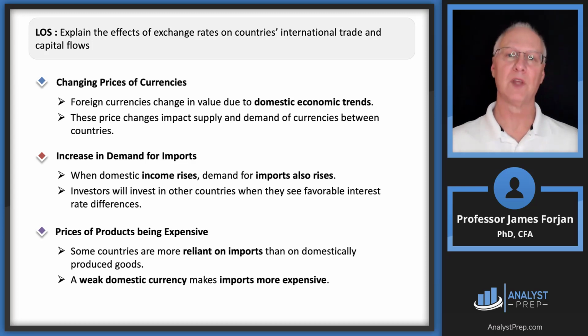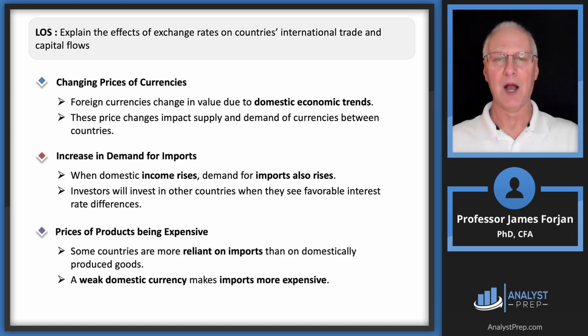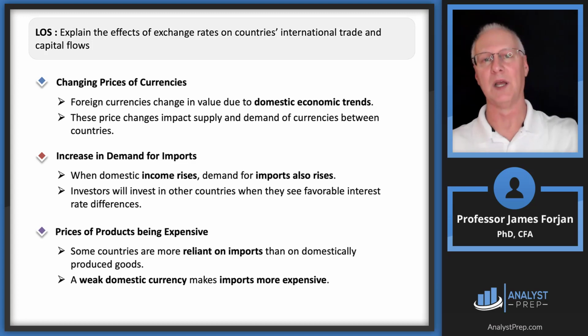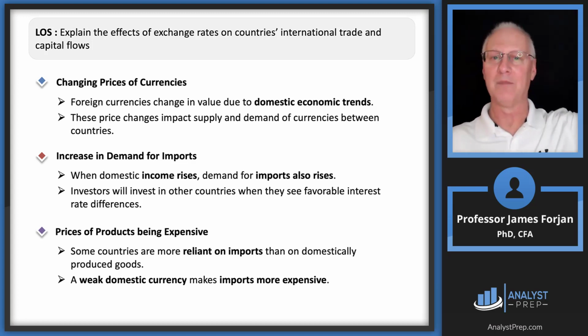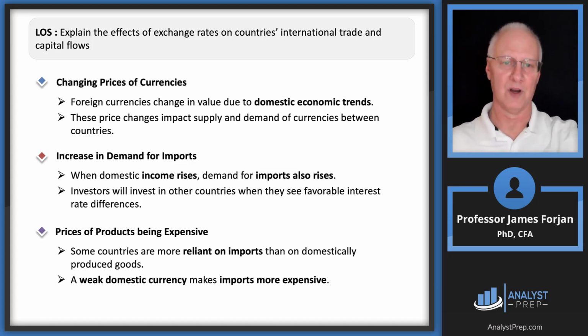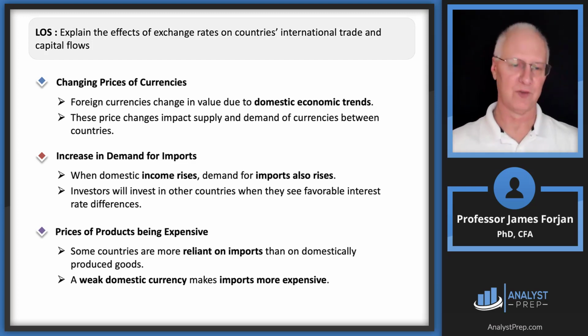If our domestic income increases, we're probably going to buy more Hershey chocolate bars right here from Hershey, Pennsylvania, but we're also probably going to buy more ice cubes from Canadians. This is really interesting because you've got U.S. income and Canadian income competing against each other for Hershey chocolate bars and for ice cubes. So remember it this way: whenever one of those dominates, then the currency will change.